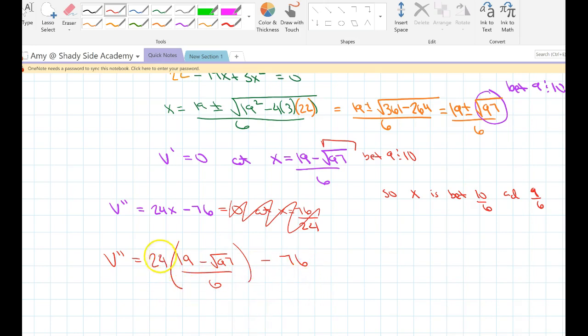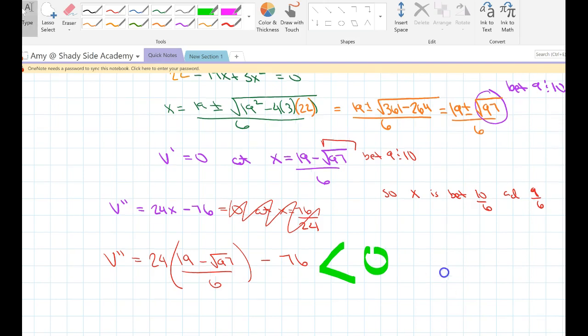Well, 24 times 1 and 2/3, or 24 times 1 and 1/3. Are you safe in concluding that 24 times some number like 1 and 2/3, minus 76, is going to be a negative number?